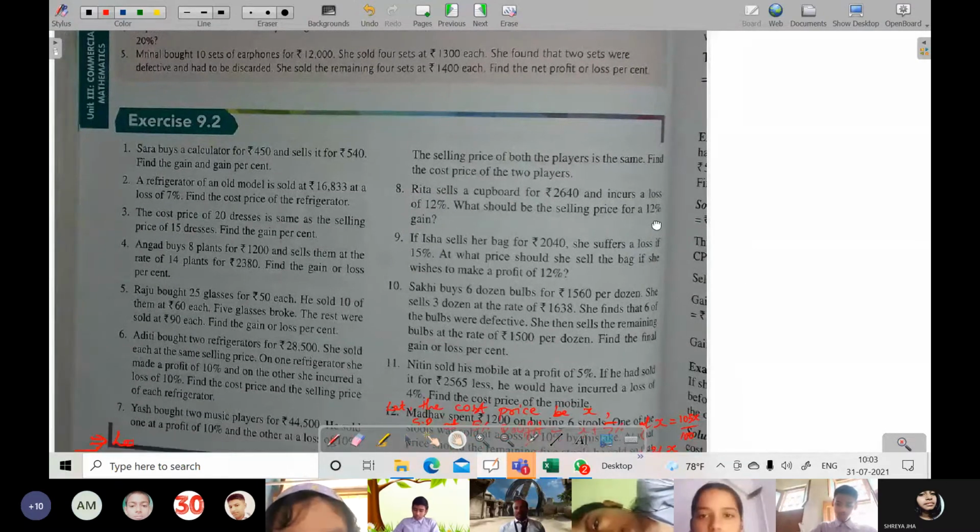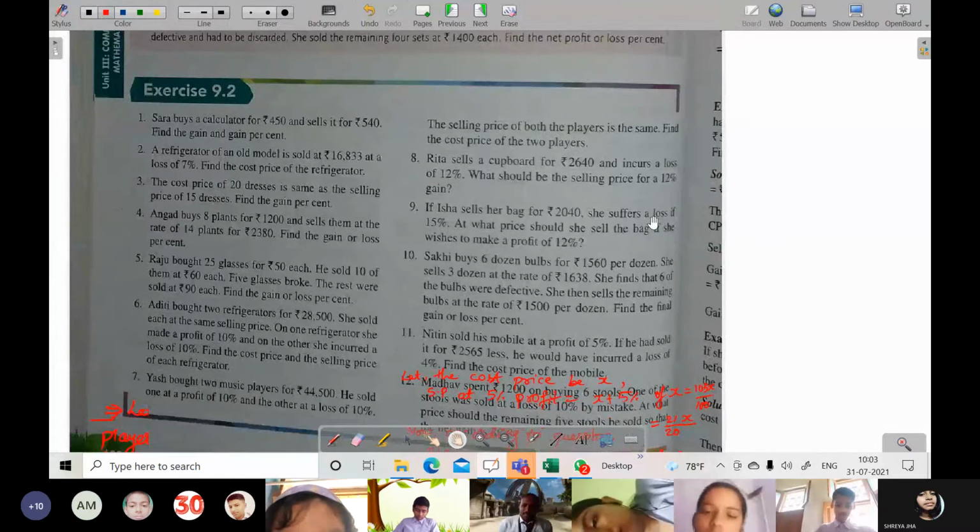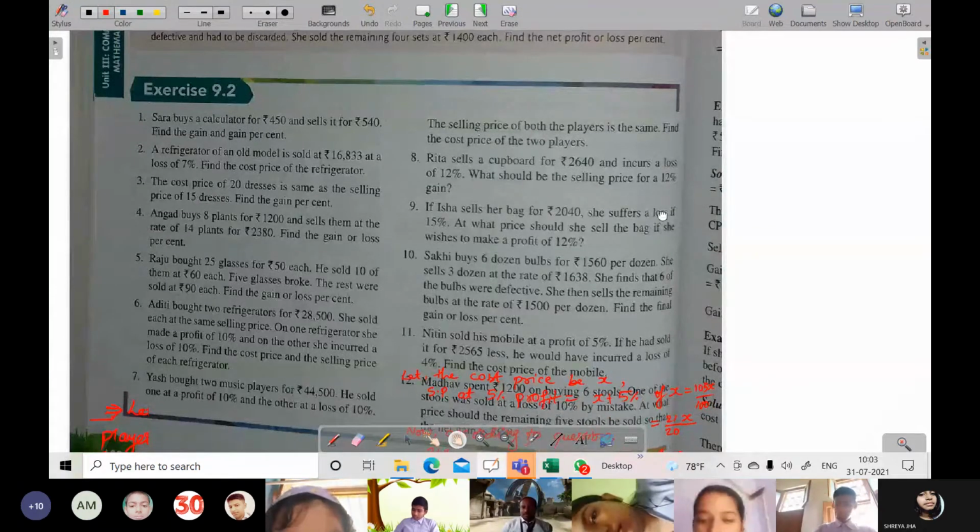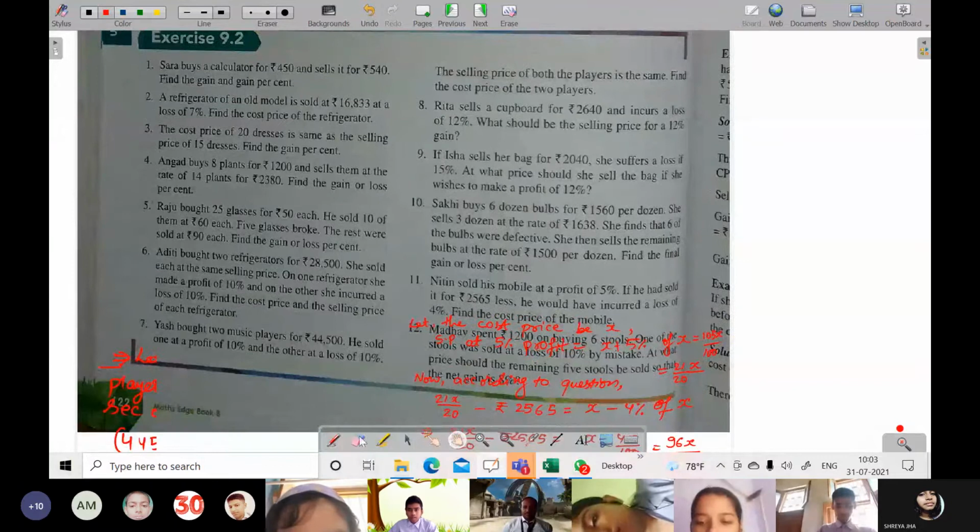So at first you have to find CP. And CP you can easily find. Do you know the formula for finding CP? You can write at first 88% of x.